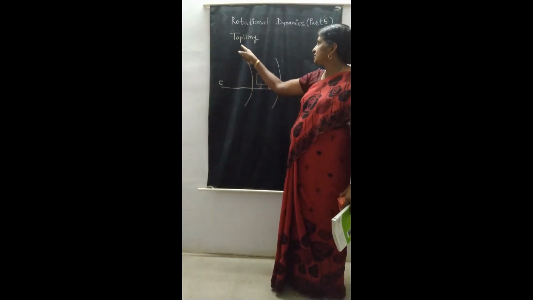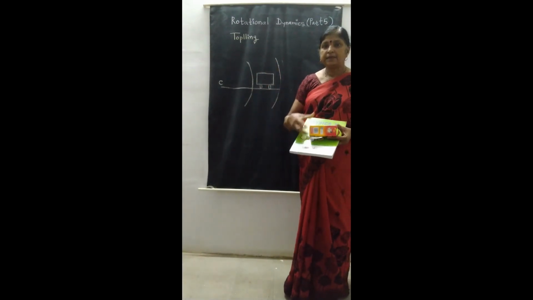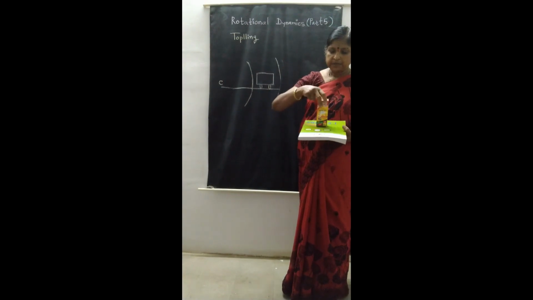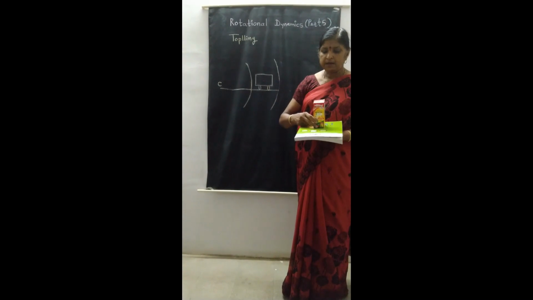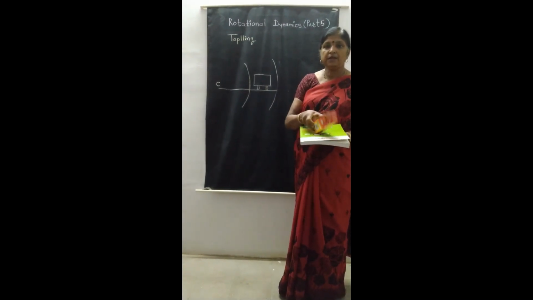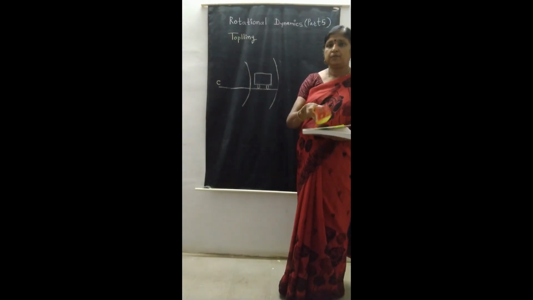Now, let us talk about toppling. Suppose this is the surface and this box is kept in this manner on this surface. Then this condition is known as toppling, that is falling down.